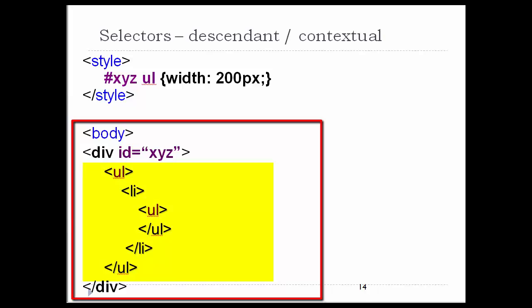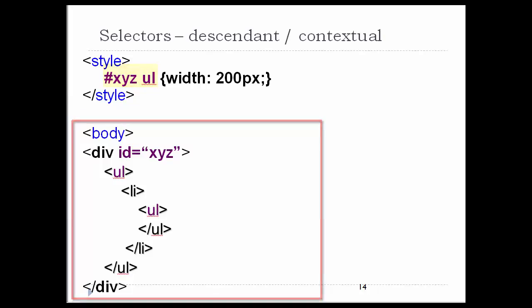We have our outer parent UL, and then the LI also contains a UL. So we have two descendants of ID equals XYZ. So this descendant relationship means that it will apply to any UL that is a descendant of XYZ, which might be fine depending on the situation.